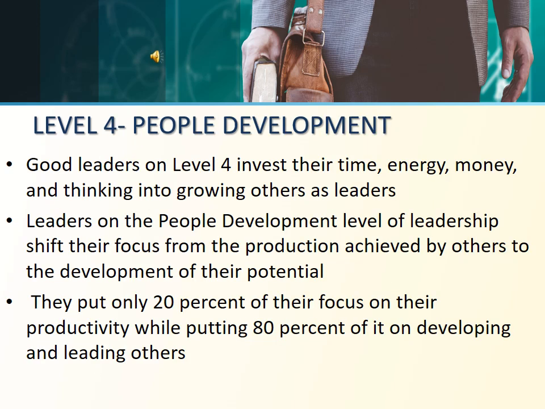The fourth level is people development. While corporate and personal productivity creates producers, leaders need to be developers to reach upper levels of leadership. Leaders become great because they empower others. They develop more leaders. Production may win games, but people development wins champions.